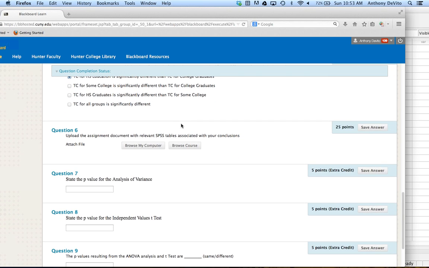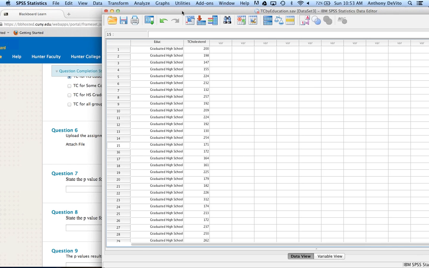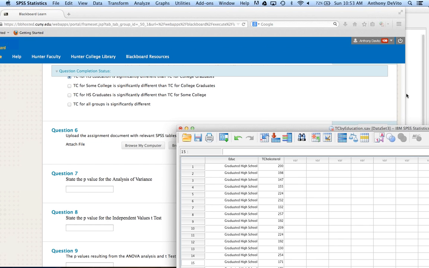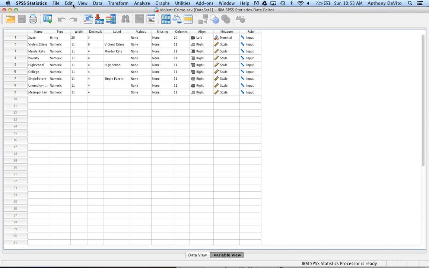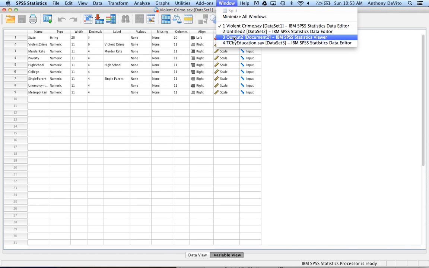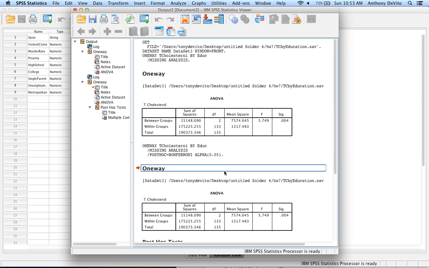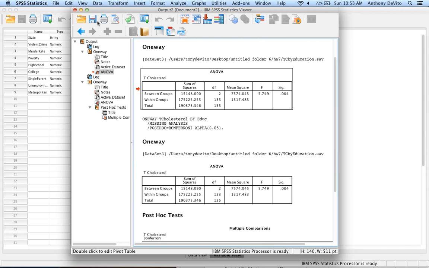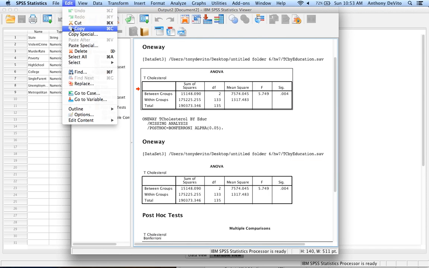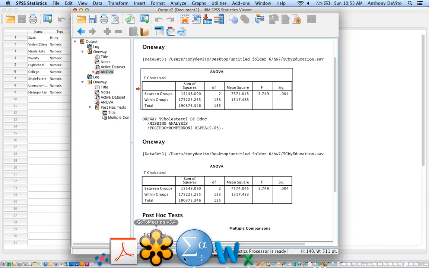Upload the assignment document. In other words, you want to take the output from SPSS. Let me go to my output window. Here's my output window. So for instance, I'm going to take that table, click on it, say copy, open a Word document.